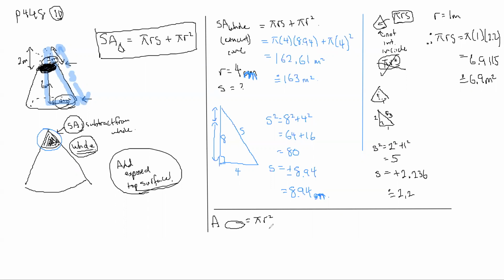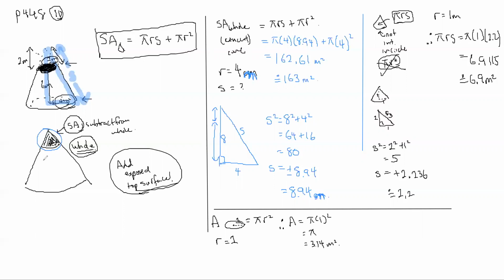It's just pi r squared. The radius of that cut out portion, the image already gave it to us as 1. Therefore, the area is going to be pi times 1 squared, which is just pi, which is 3.14 meters squared.